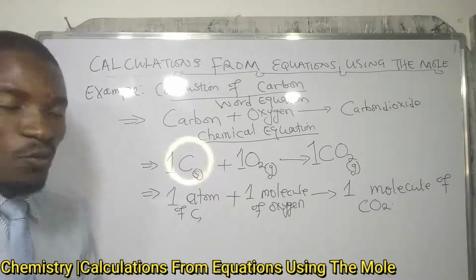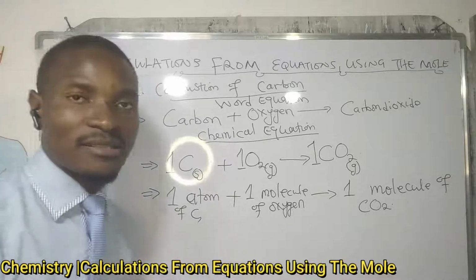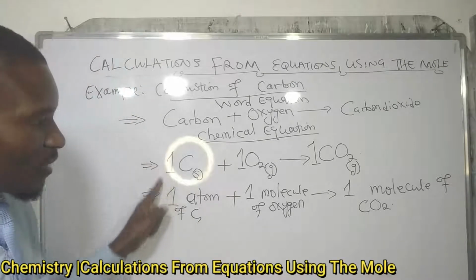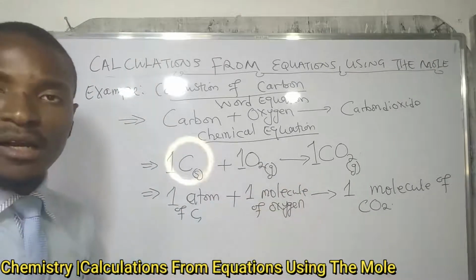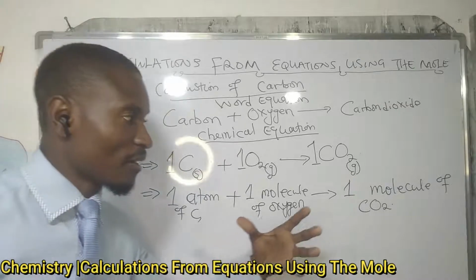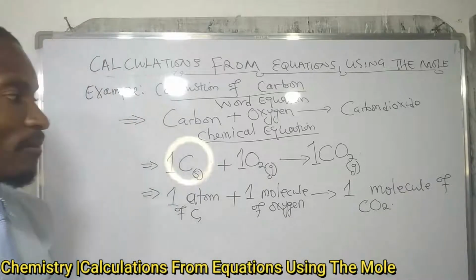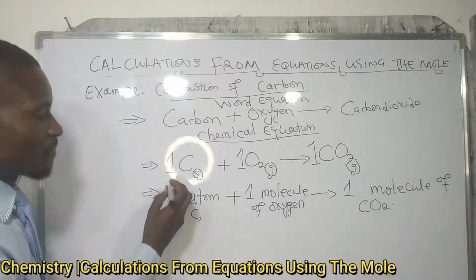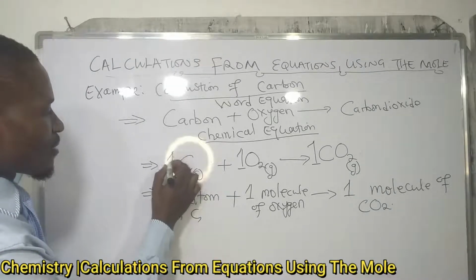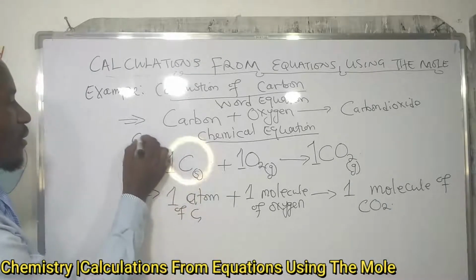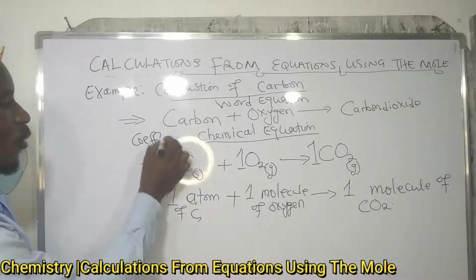We can describe an equation by using the numbers in front of the elements, atoms and compounds. These are what we call the coefficients.